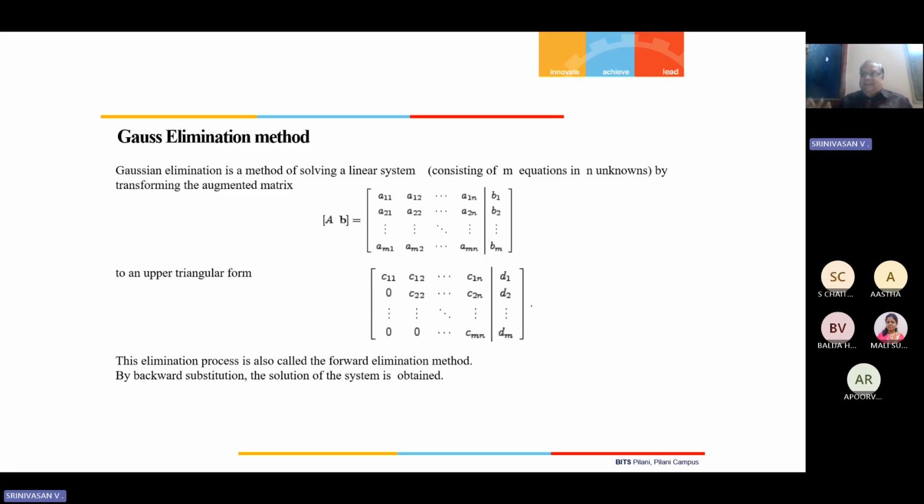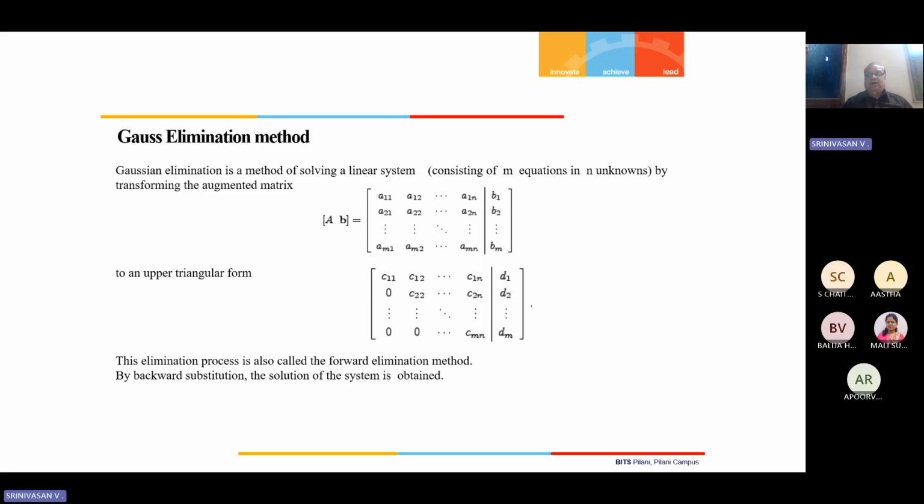Then in the second set, you will do one more set of elementary row operations of R3 with R2 fixed now. Therefore, this is a kind of forward elimination. This is forward elimination, and by backward substitution, the solution of the system is obtained. Again, when you just look at this, this is what exactly I was talking about. Example.